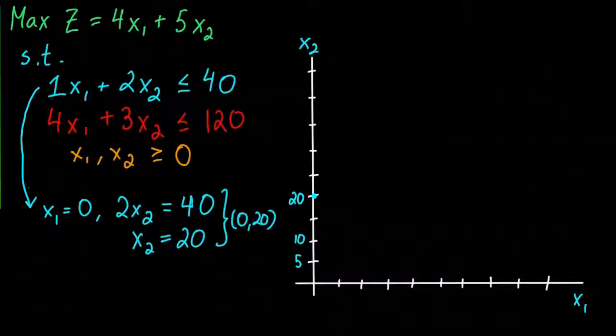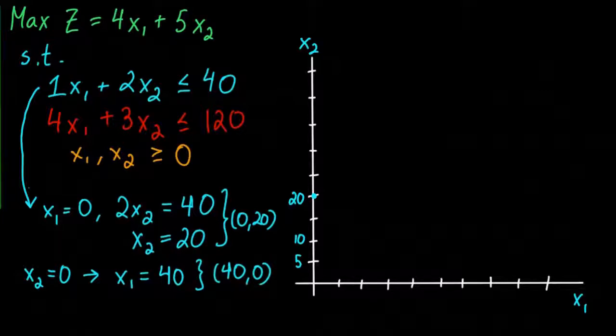If we take x2 equal to 0, then x1 will equal 40. So the other point we have is 40, comma 0. And again, let's label our axis here. So 40, comma 0 is the other point on this line. And we can connect these dots to get our first constraint.